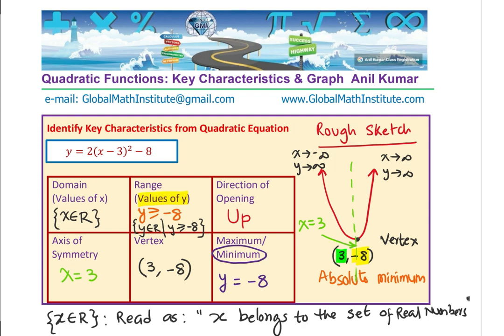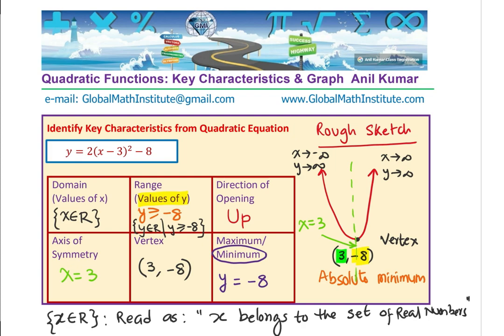Extremely important information which you can directly read from the equation itself. You see, I did nothing. So from the equation, I know the domain is all real numbers. Y is greater than or equal to this, since 2 is the leading coefficient, right?